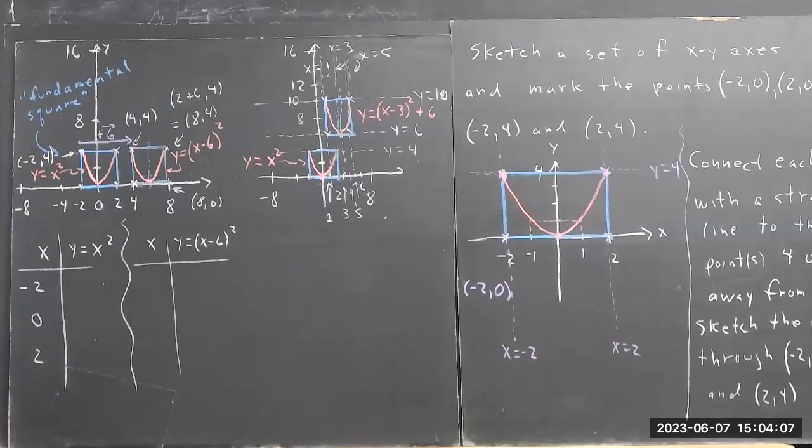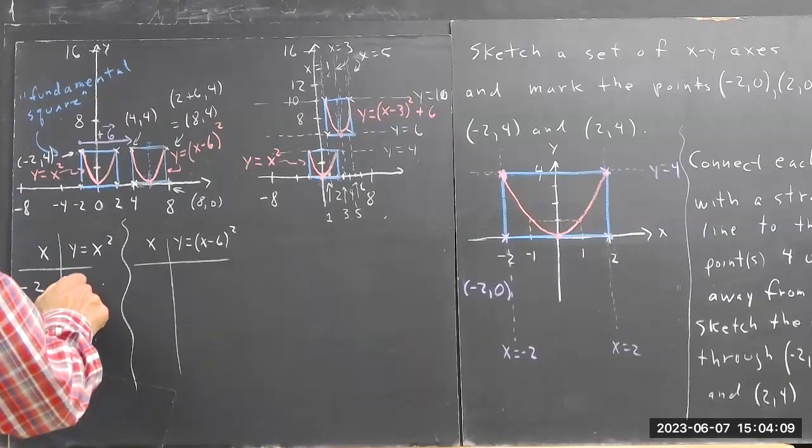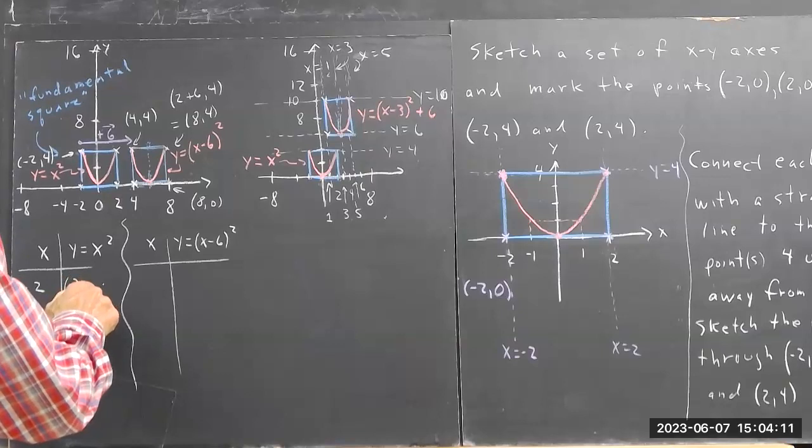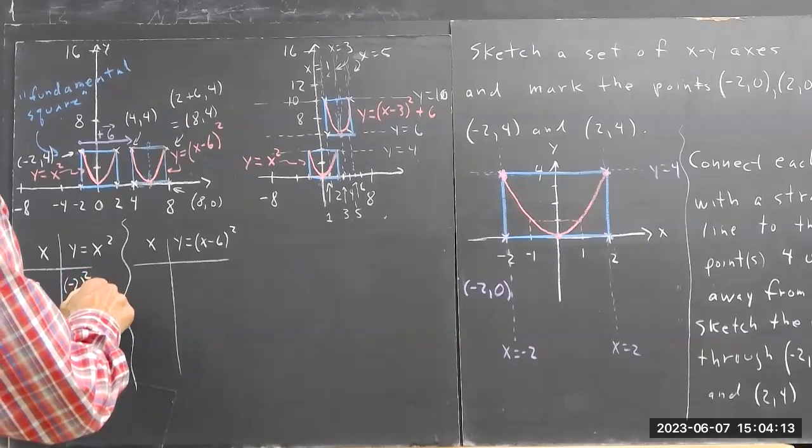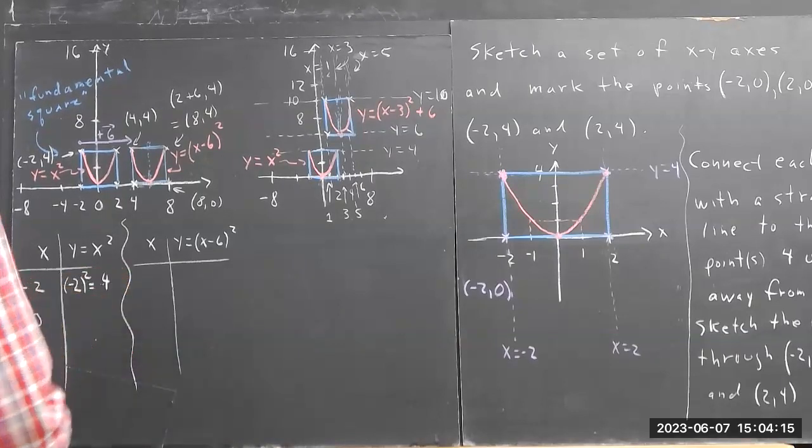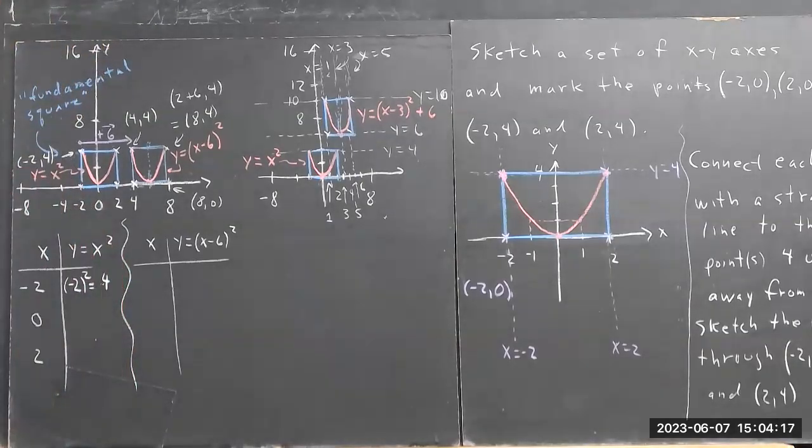And well, -2 squared equals 4. Now you shouldn't have to punch that into your calculator, but we'll worry about being sure about the calculations a little bit later.